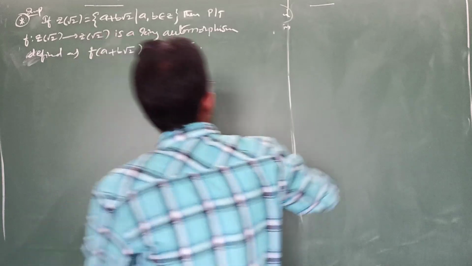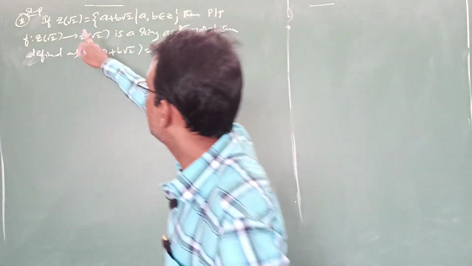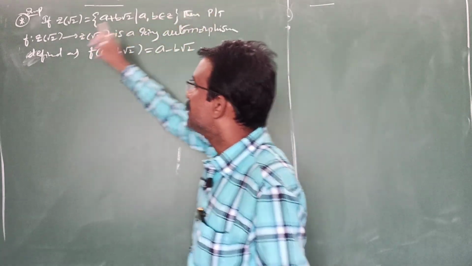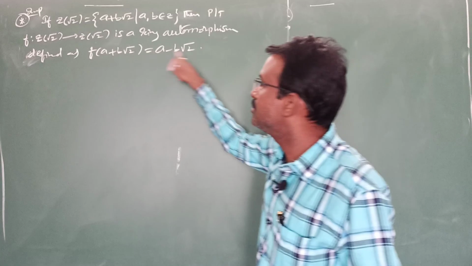This is the proper form of the question. ఇలా question proper form లో ఉండాలి. The given Z root 2 set formation is this, then prove that f is mapping from Z root 2 to Z root 2 is automorphism according to this definition.